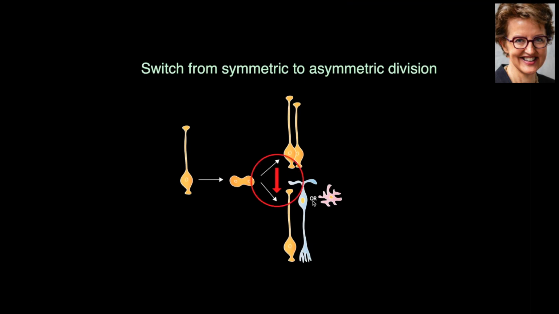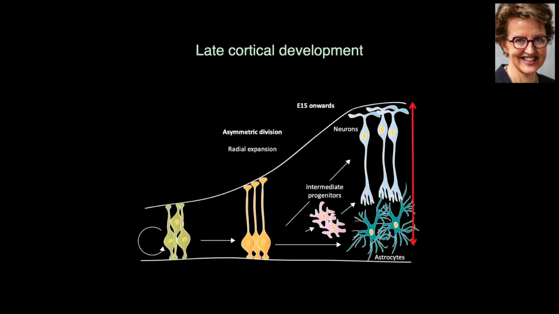And this switch, we think, may be controlled by the nuclear factor 1 genes. So this asymmetric division now produces one radial glial cell and one other cell type. It could be an intermediate progenitor, which might then go on to proliferate and form neurons, or it might form glia, or it might form neurons.